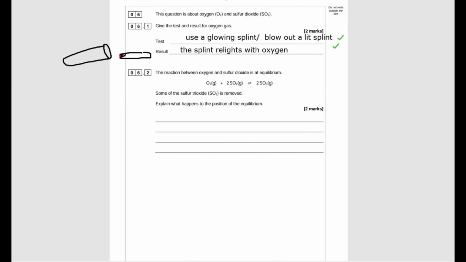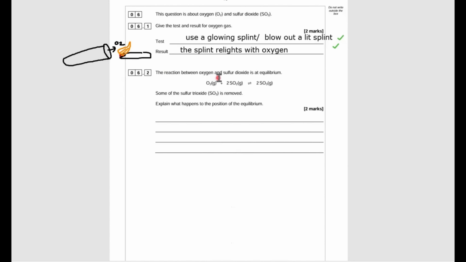You then place this splint near the opening to the test tube, and if that's oxygen gas coming out, and in my little diagram it is, what happens? As soon as the glowing splint touches the oxygen gas, it's highly flammable, so it relights. Ta-da! And we go, it's oxygen. And there you go.